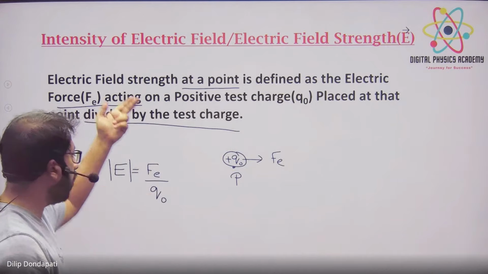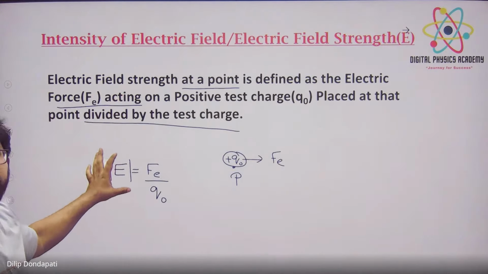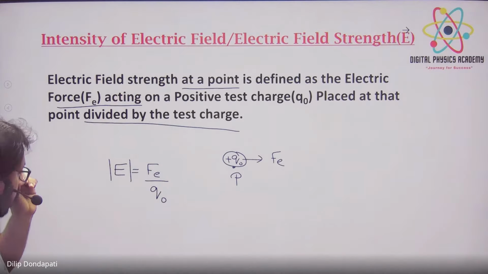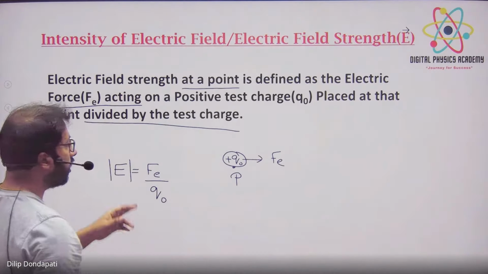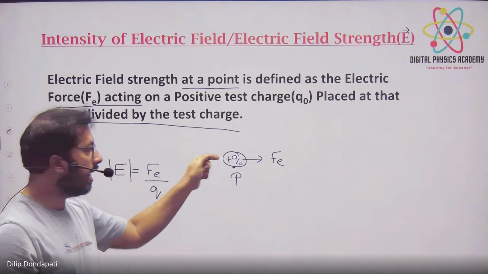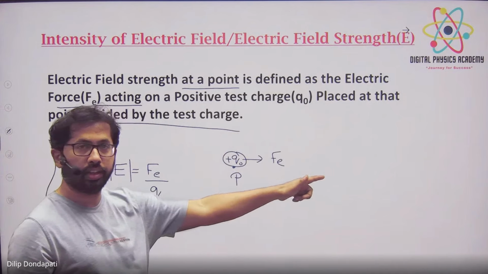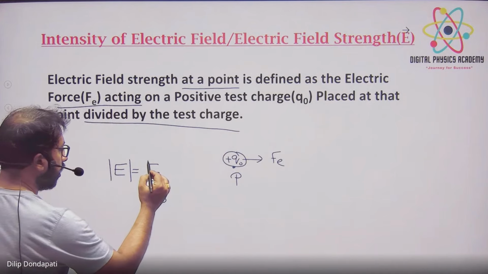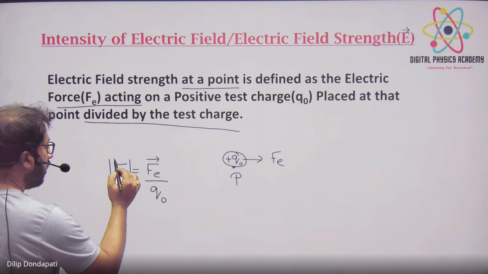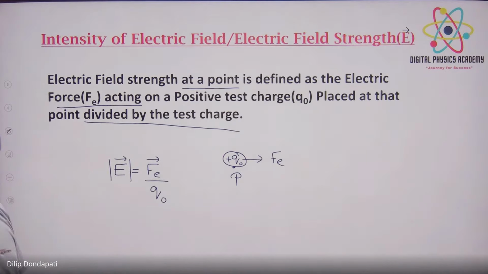That force upon the test charge will give the electric field intensity at that point. And the direction of the electric field will be the same as the force direction. The electric field lines are in the direction of the force, right? So in vector form we put the same direction. In the opposite direction a negative sign would come, but here we are putting the same direction.